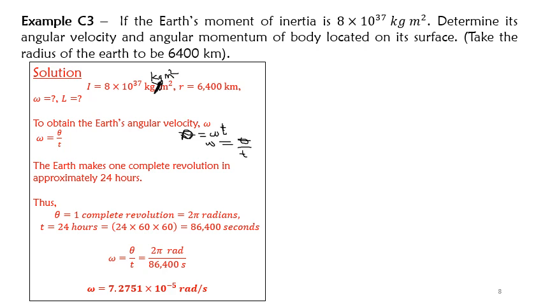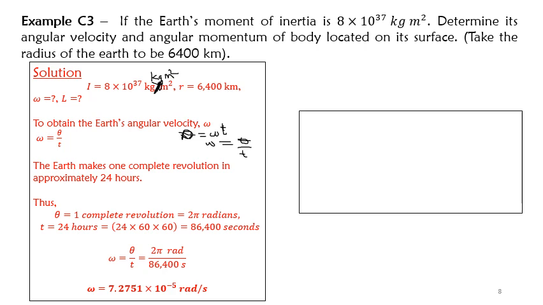And now that we know the angular velocity and the moment of inertia, it is straightforward. Recall our formula to obtain angular momentum L, where L equals I omega, and you substitute your I. Again, don't mind me, this is an error. It should be kilogram meter squared, times what you have as your omega, the angular velocity.